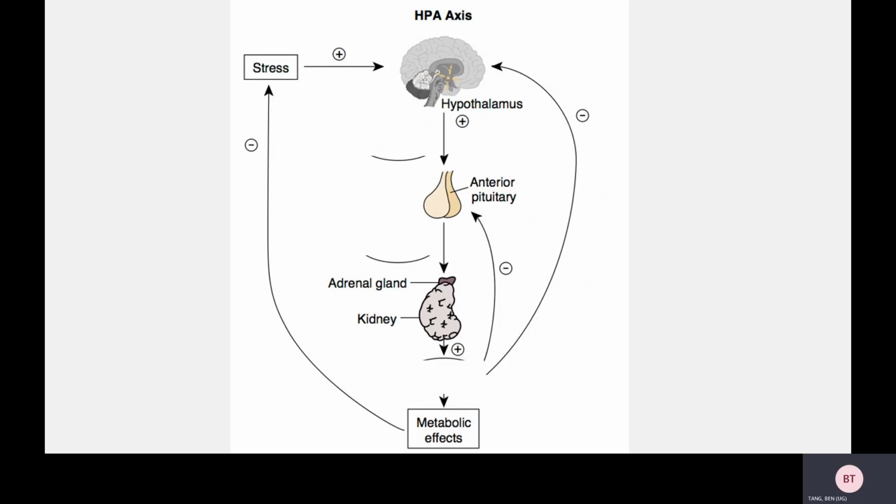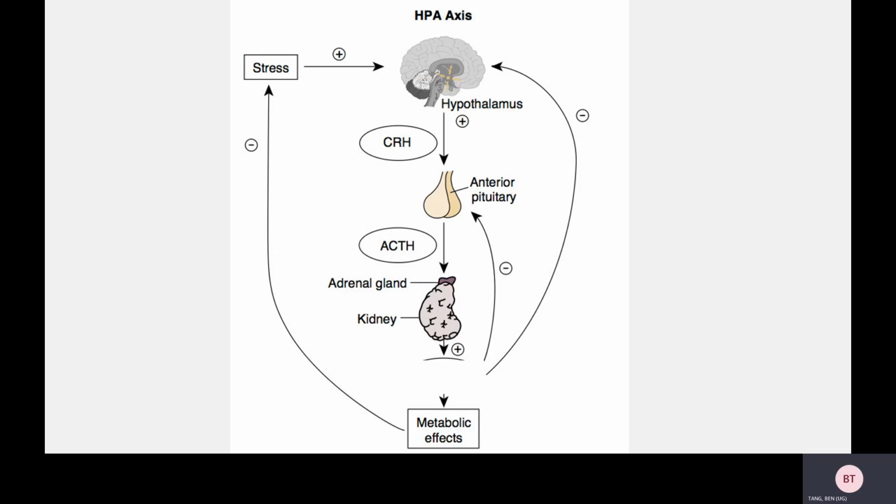So the next axis we're going to talk about is the HPA axis, A standing for adrenal cortex or adrenal gland. And this is your stress response, right? Again, your first hormone here is the corticotropin releasing hormone from the hypothalamus acting on the pituitary gland, which unfortunately doesn't release a stimulating hormone by namesake, but releases ACTH, which is adrenocorticotropic hormone.